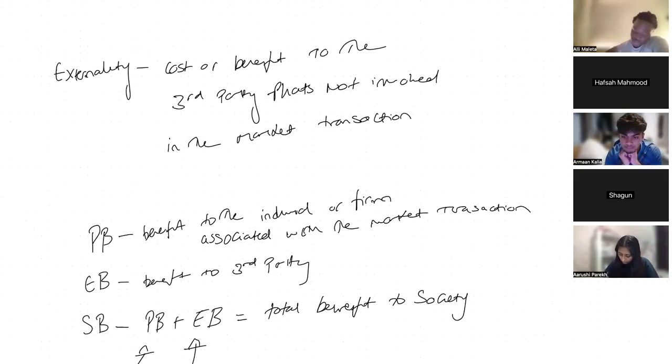So what's happening here is that the firms are overproducing the good. We have MPC and we've got MSP. At this point, E is the price and the quantity, and we have market failure.